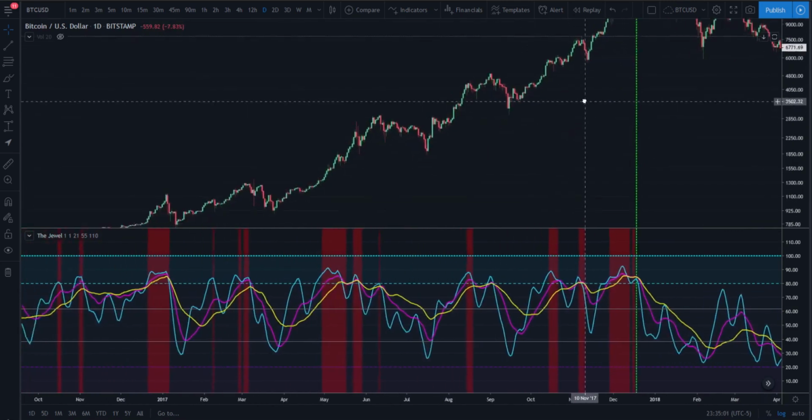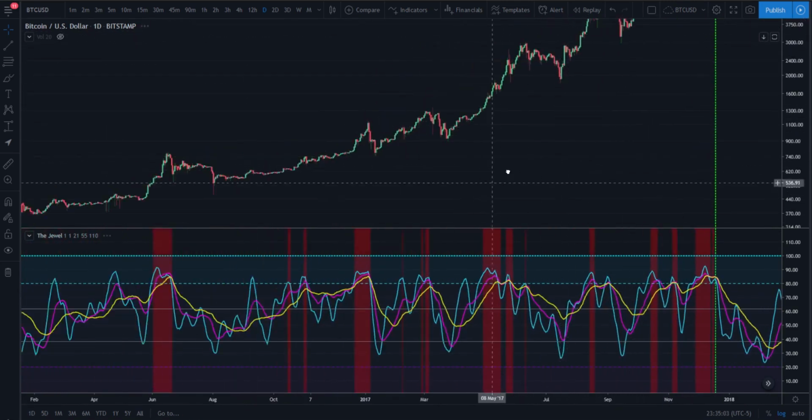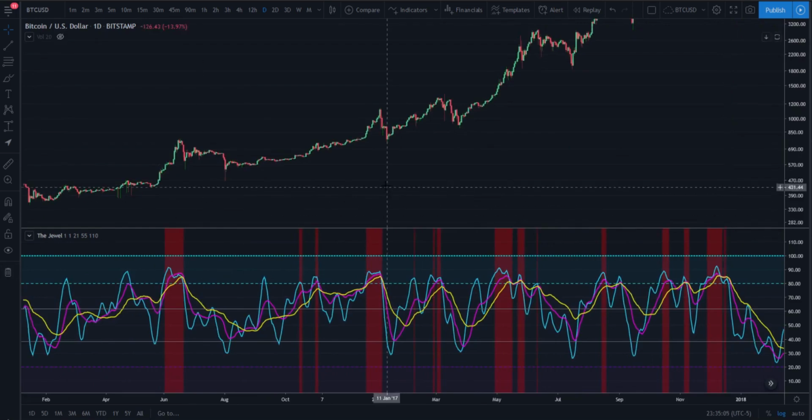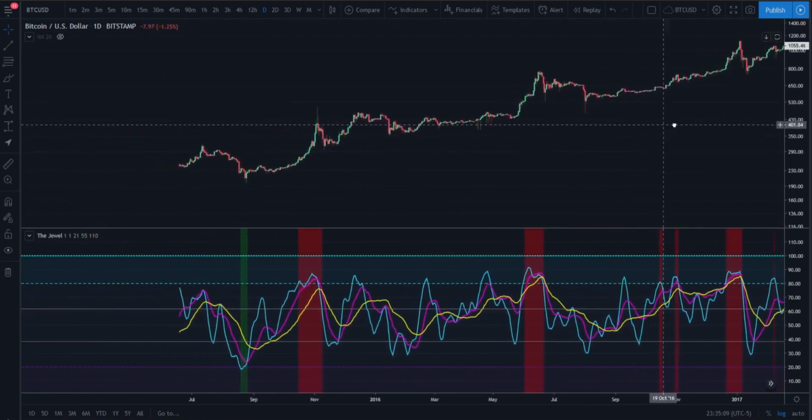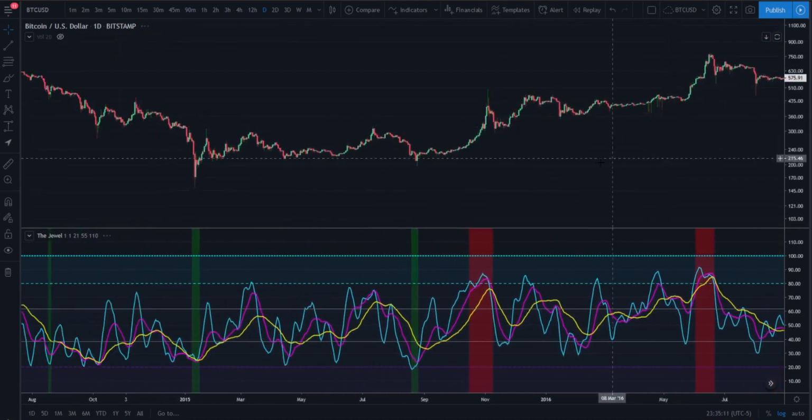Since we are on Bitstamp, we can go a bit further down and see if we can spot another perfect signal. Let's see. You get kind of a signal there. Now the thing is, the blue crossed the purple one, so it didn't use it as a support, but it still used the yellow as a support.